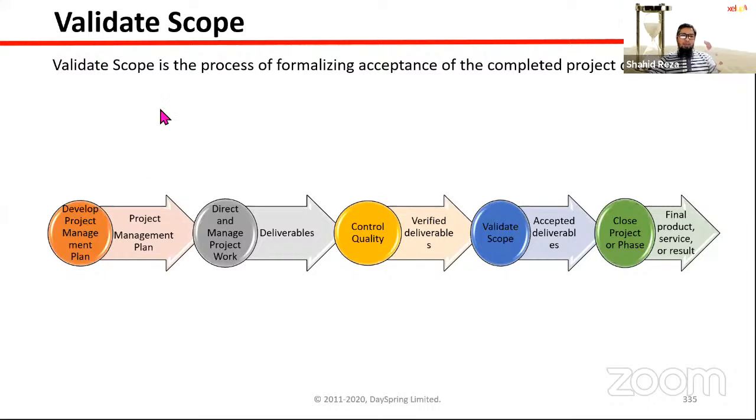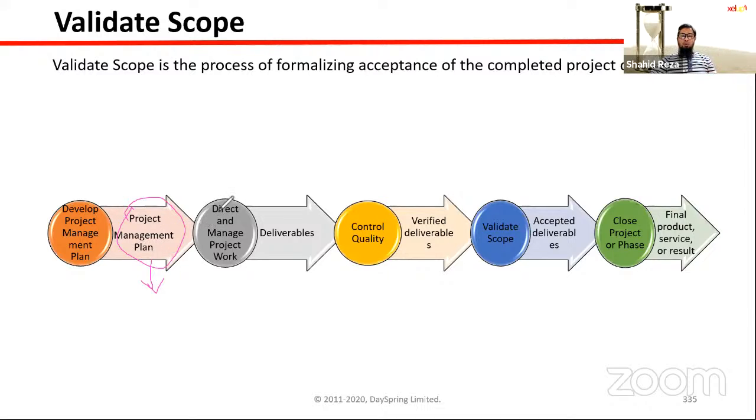Validate Scope is the process of formalizing acceptance by the customer of the completed project deliverables. That I just mentioned, and it is what I tried to make you understand. After execution, when you are doing the project plan, the scope baseline is also part of the project management plan, the final planning document.